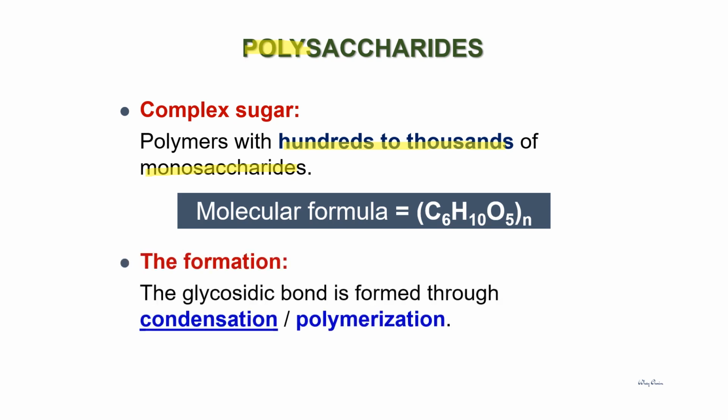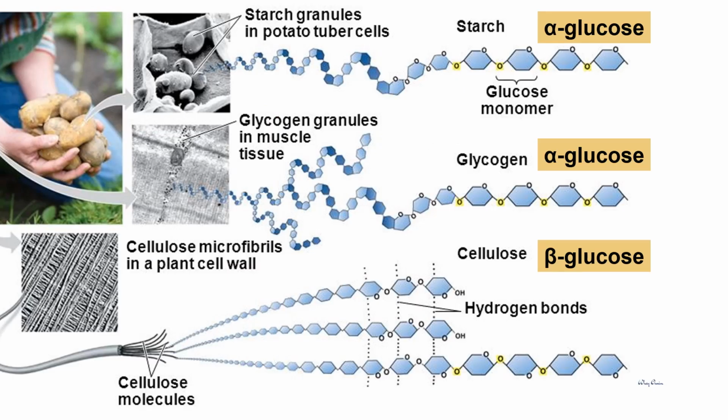The formation is conducted through the process of condensation. That means many water molecules will be removed to produce a complex sugar. The process is also known as polymerization since they produce a molecule which is a polymer. As I said before, there are three examples of polysaccharide, which are starch, glycogen, and cellulose.